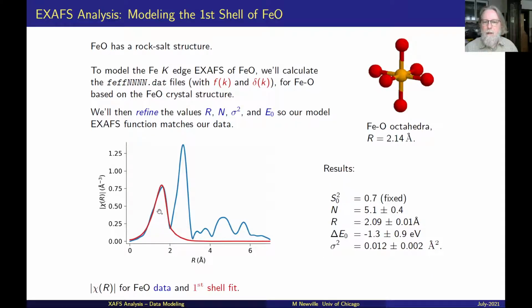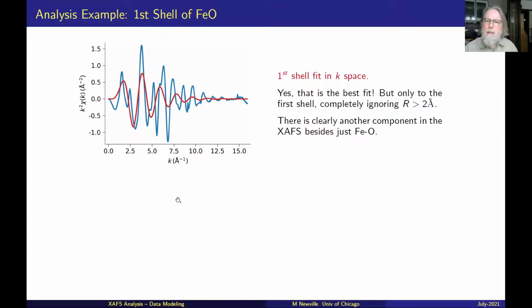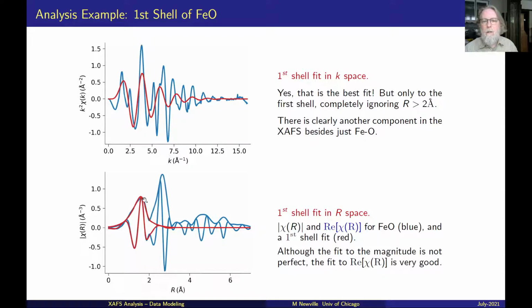And the fit shown in R space here, when we look at the fit in k space, we see this is the best fit. As we discussed in the previous video, yes, this really is the best fit because we ignored all those higher shell components, all those higher R components. And here's the fit where we use the real part of the Fourier transform as well as just the magnitude.